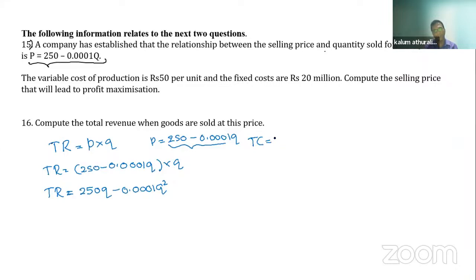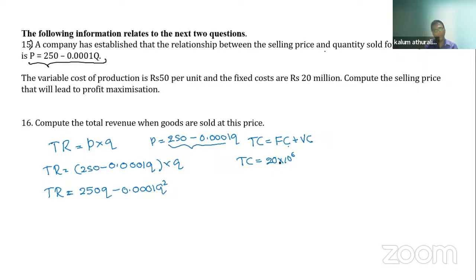Now we can find TC. TC equals FC plus VC. You know the formula: fixed cost plus variable cost. Fixed cost is 20 million, 20 and 6 zeros, or 20 times 10 to the power 6.